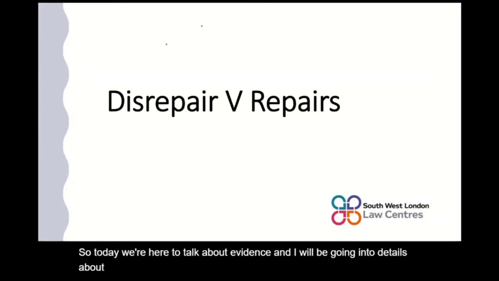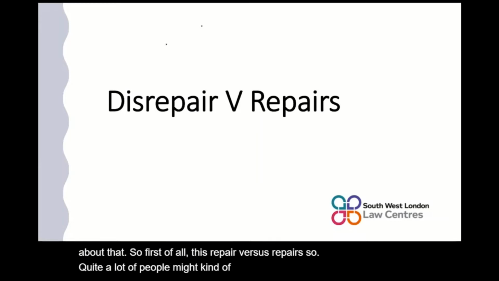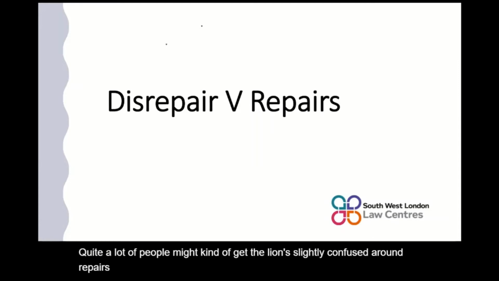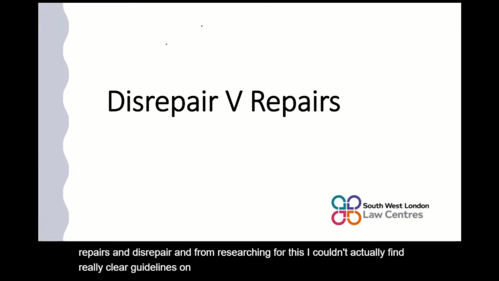So first of all, disrepair versus repairs. Quite a lot of people might get the lines slightly confused around repairs and disrepair. From researching for this, I couldn't actually find really clear guidelines on when a repair issue does become a disrepair issue.